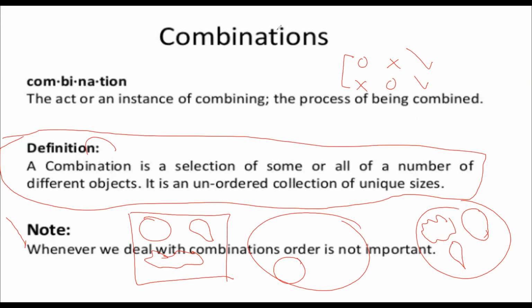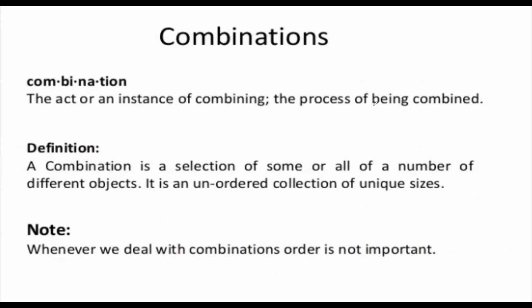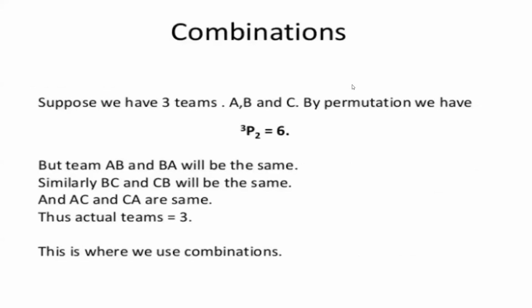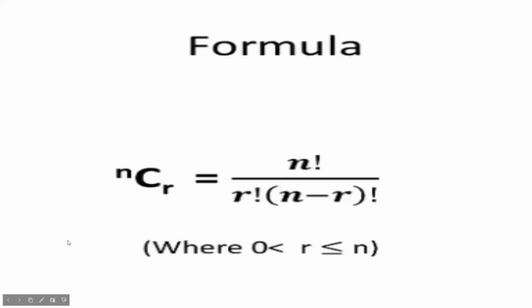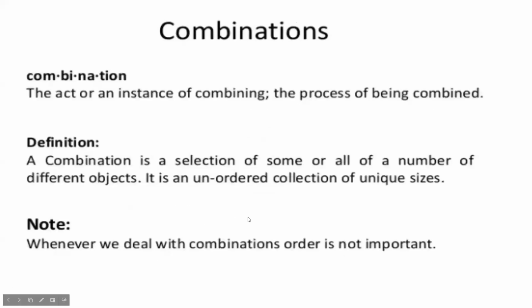Keep that in mind as the difference between a permutation and a combination. You know when we talk about combination locks? Let's say your combination is 1, 2, 3.